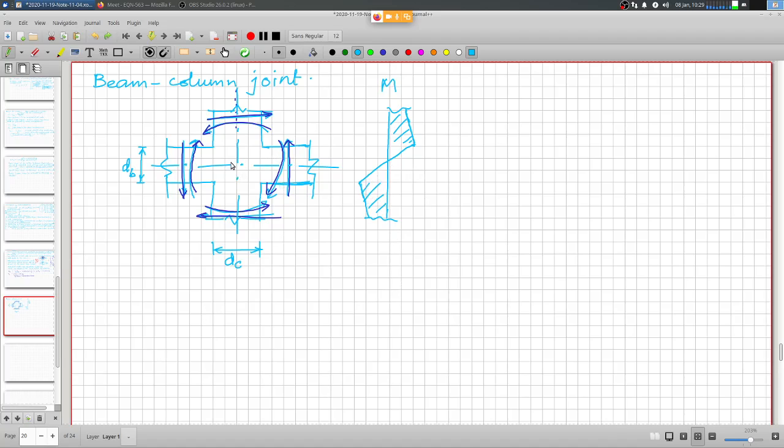So at this point, there is going to be a point of contraflexure at the center point, and the moment goes from tension at the bottom to tension at the top across this distance DC. Okay, let me revise this.